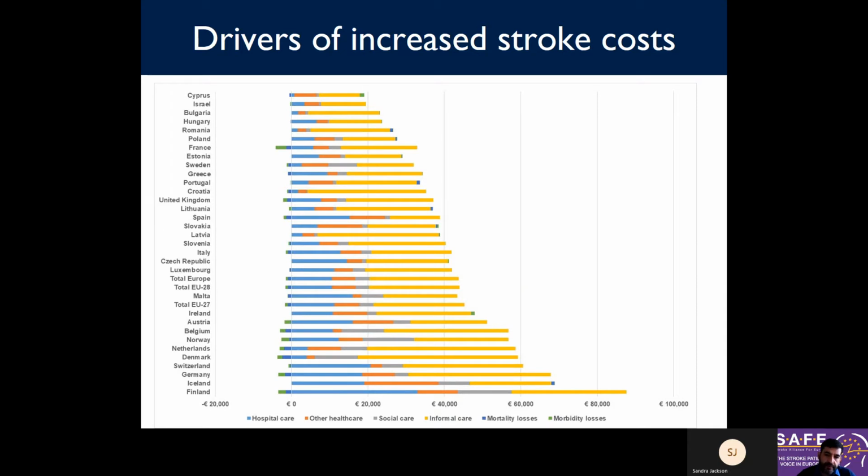But one could hypothesize that if we have a smaller pool of people of working age, we might also have a smaller pool of people being able to provide unpaid care. So we might see that these informal care costs are taken up by social care, which is much more expensive.